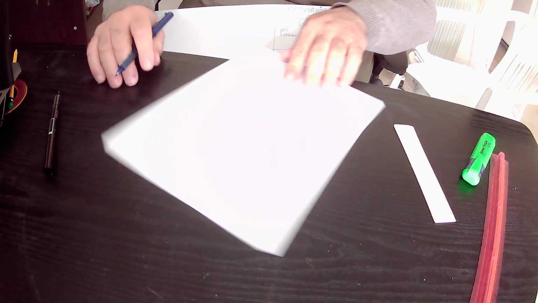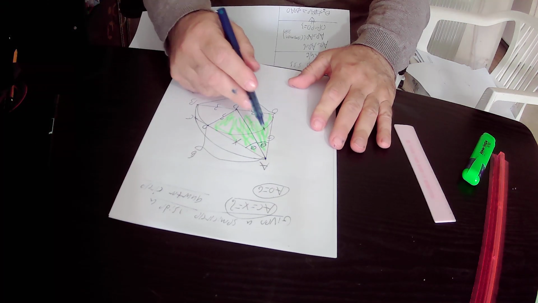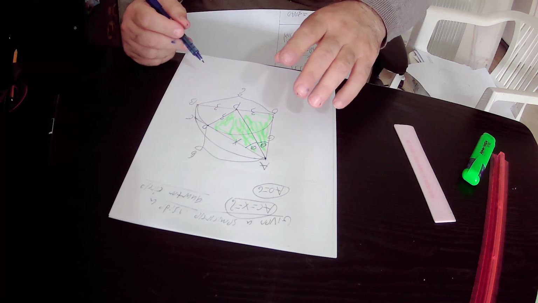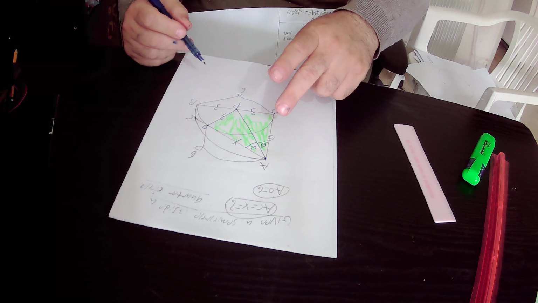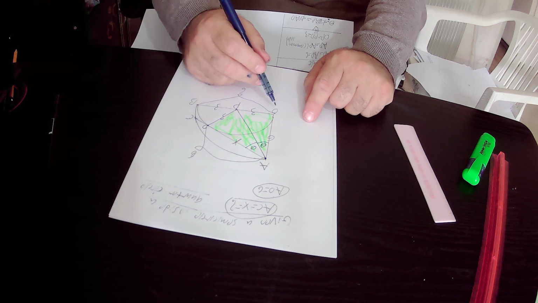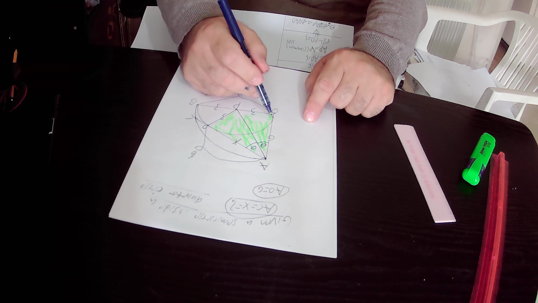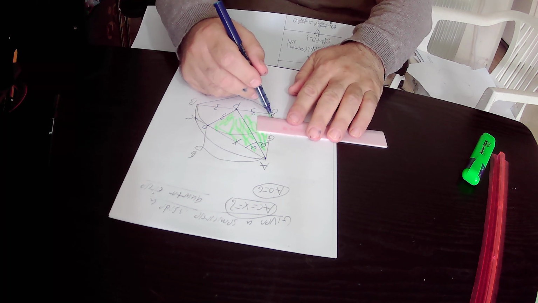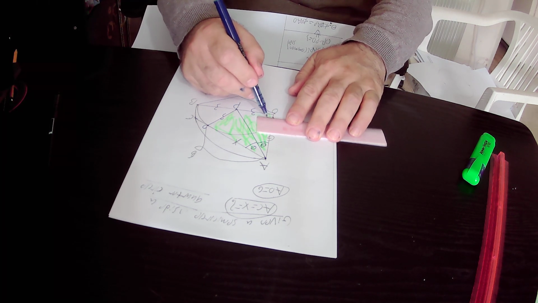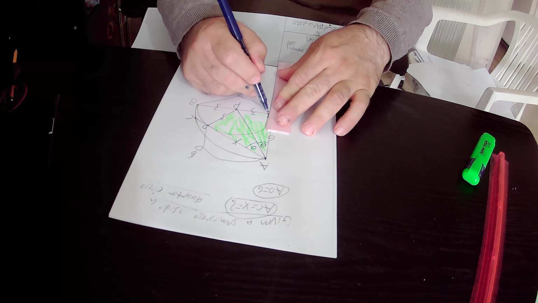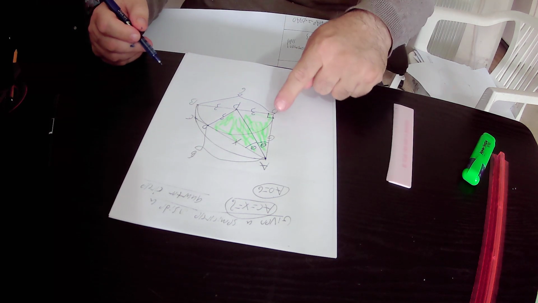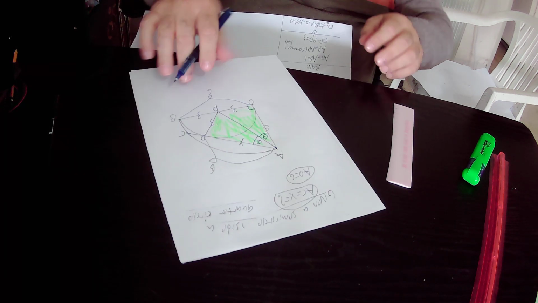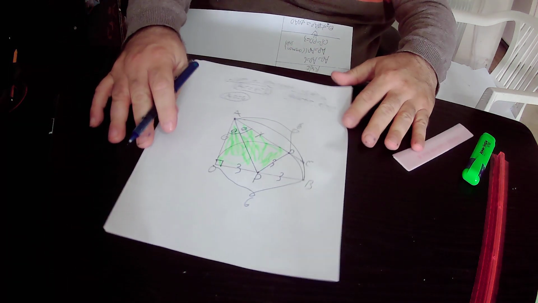Here, this angle AOP is a right angle because in a quarter circle, O is the center of the quarter circle, and this angle is always equal to 90 degrees. Therefore, triangle AOP is a right triangle. So we focus on the right triangle AOP.